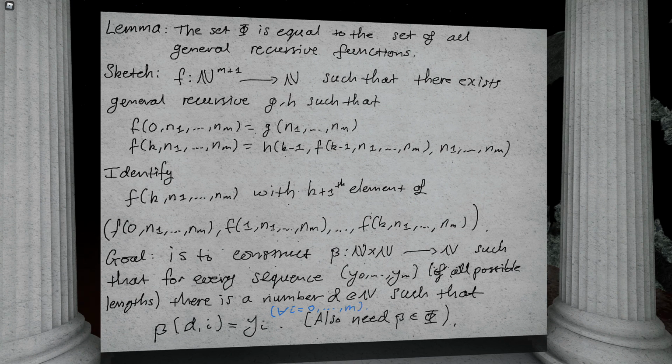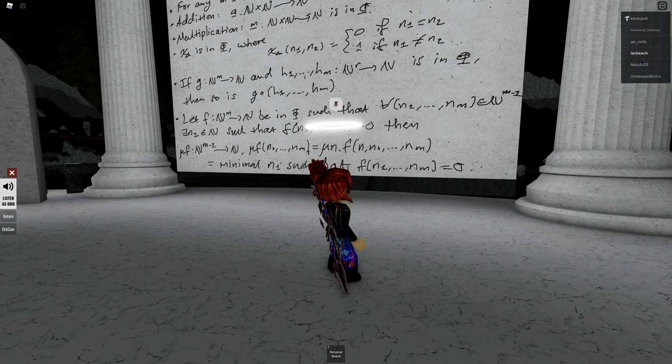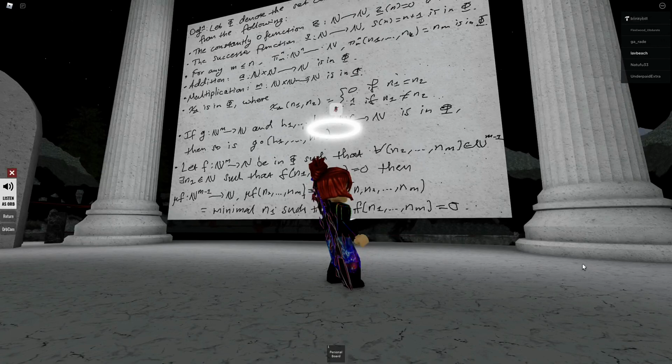Yeah. Okay. And just about the lemma, I don't know if you explicitly said it, but it looks like it's about a function defined by primitive recursion. Oh, sure. When I say primitive recursion, I mean specifically that induction step in defining all the general recursive functions.